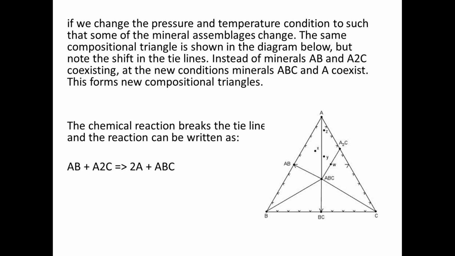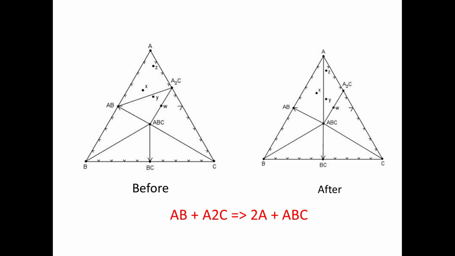And the minerals that were coexisting in the previous temperature and pressure condition may not coexist together at the new temperature and pressure condition. Now see, a tie line joins the mineral compositions that coexist together. As a result, tie lines break and new tie lines form as the temperature and pressure condition changes.